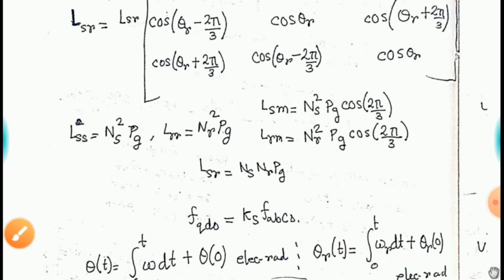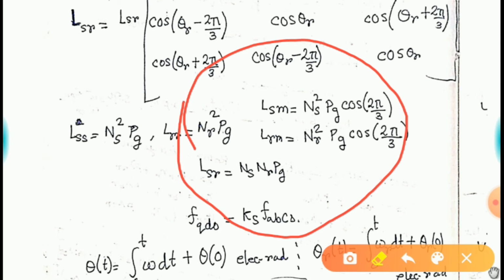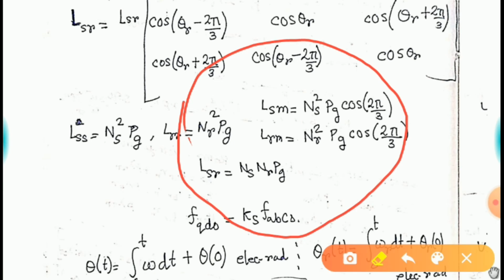Similarly, when we have a kind of structure like this, right? Then we have another structure.